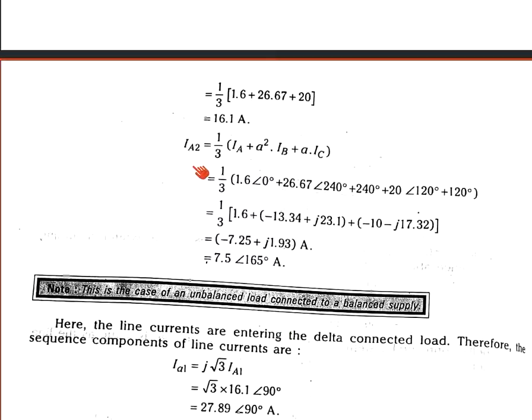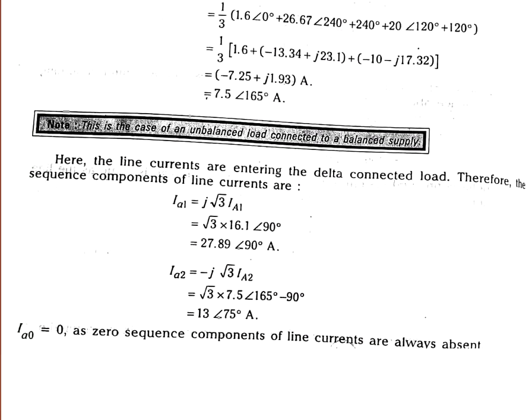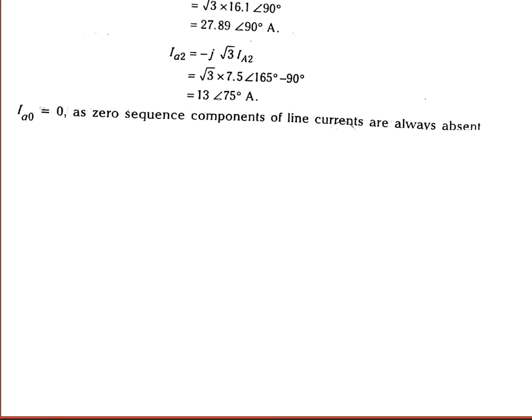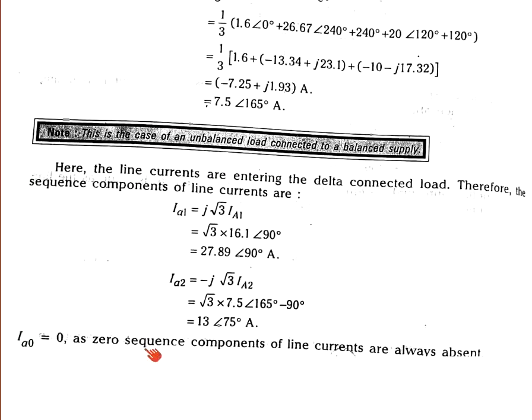So IA0, IA1, IA2 are my line currents, and the smaller ones are my phase sequence components. Anyway, IA0 is 0. So finally you will get this.